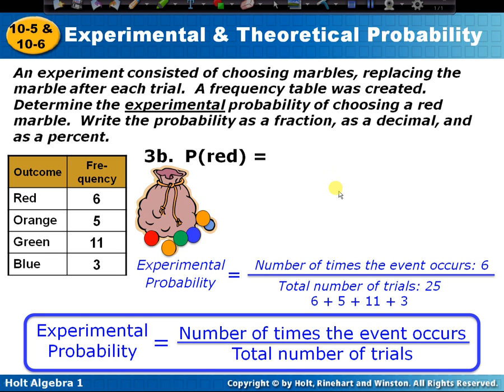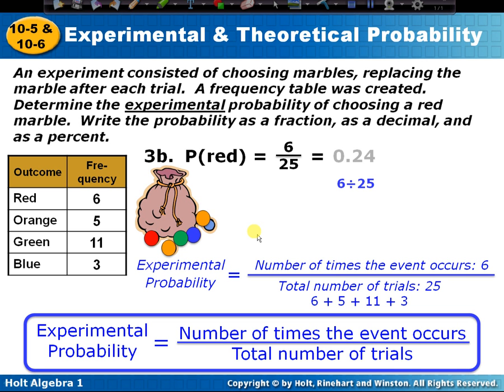We're going to add up our number of outcomes to find our number of trials. So our number of outcomes, 6 plus 5 plus 11 plus 3, gives us 25. So the experiment has been conducted 25 times. 25 marbles have been pulled from the bag. And the number of times a red marble has been pulled out is 6. So we're going to write that as 6 over 25 as a fraction.